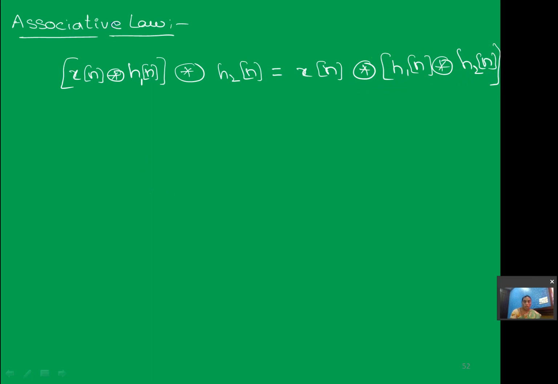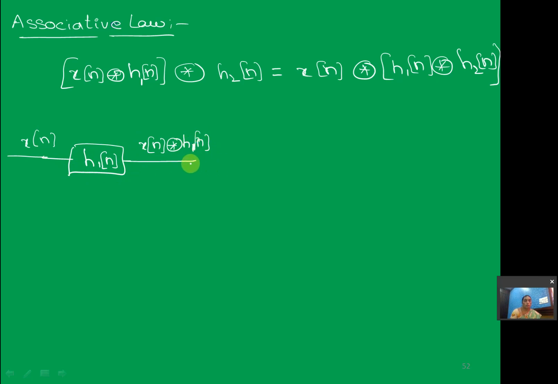From the associative law you can write like this. That means, what is the importance of this associative law? See here, if I give x of n to the one system, that is h1 of n, it gives output by convolving these two.